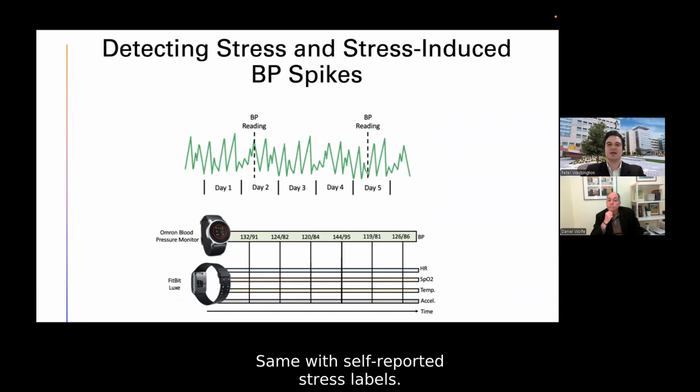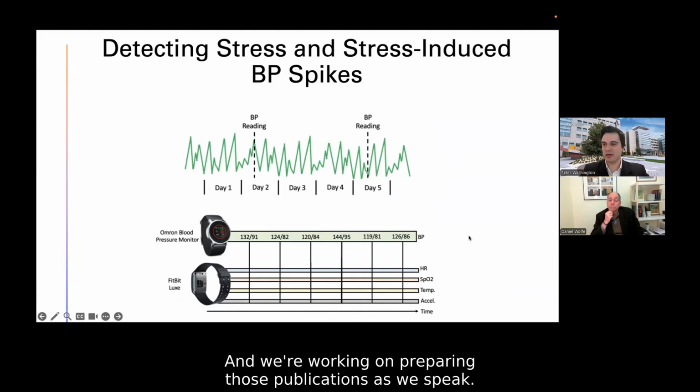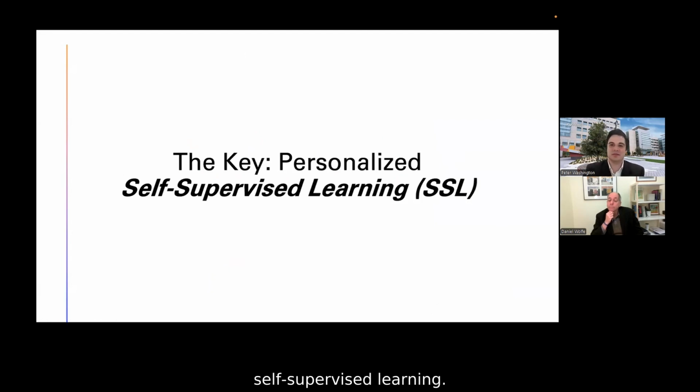Same with stress, self-reported stress labels, and there are different translational applications of both of those framings. We have some pilot data already collected on both of these, and we're working on preparing those publications as we speak. But the key to making this work is doing this personalized self-supervised learning.